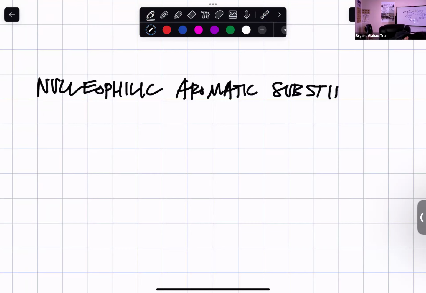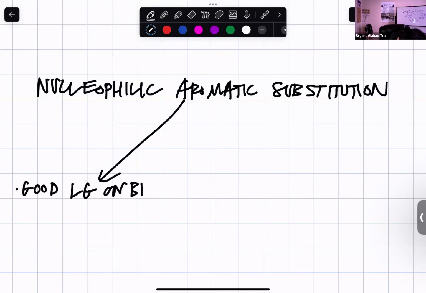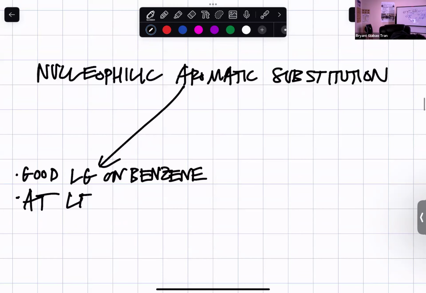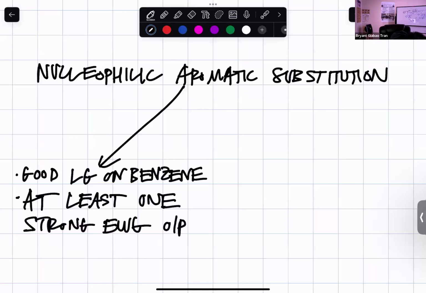There's two types. The first type is going to be the one with two requirements. Well, both of these will have the same requirement. They have to have a good leaving group on the benzene ring, and you need at least one strong electron withdrawing group, ortho or para, to the good leaving group.